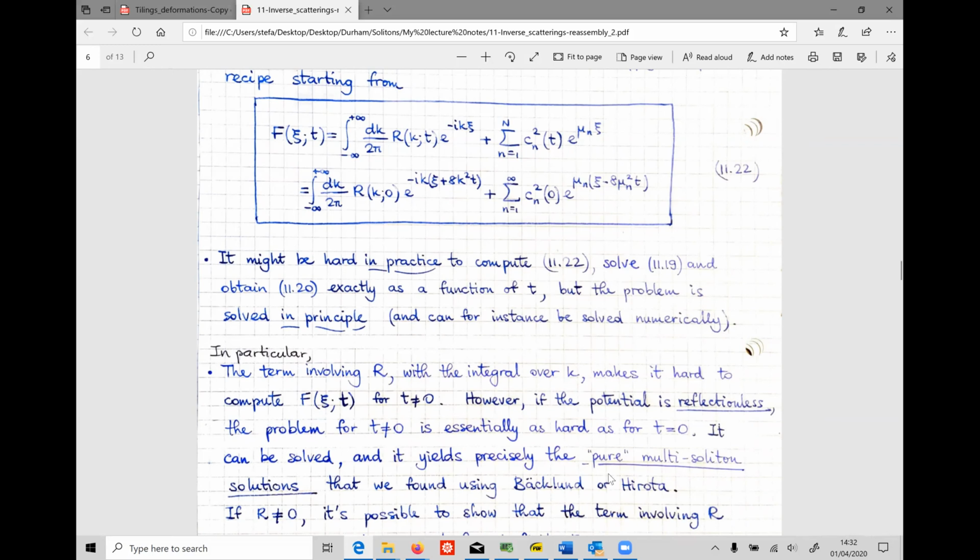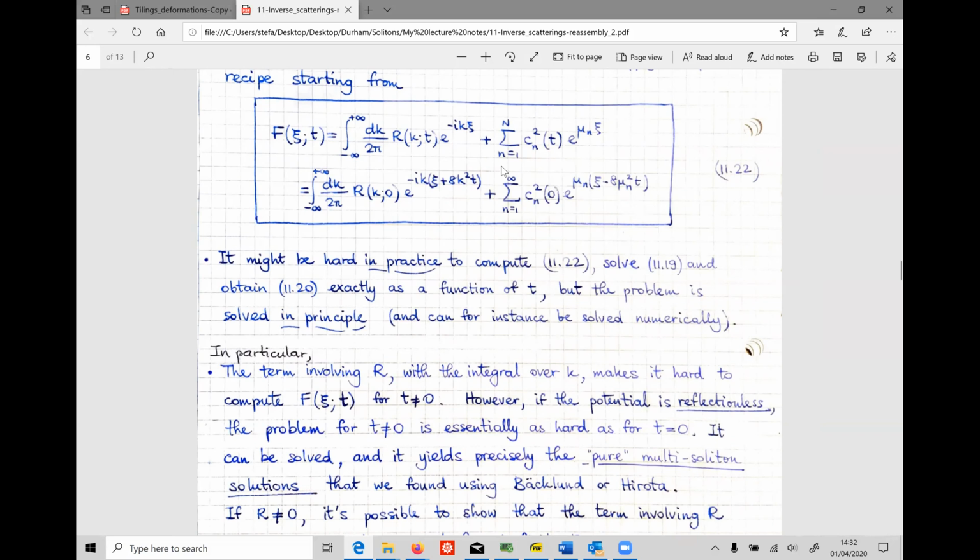And when you have a reflectionless potential, or an initial condition of the KdV equation such that the Schrödinger problem has a reflectionless potential, then the integral here in equation 11.22 goes away. And then F only involves a discrete sum, which comes from the discrete part of the spectrum, so the bound state solutions of the time-independent Schrödinger equation.